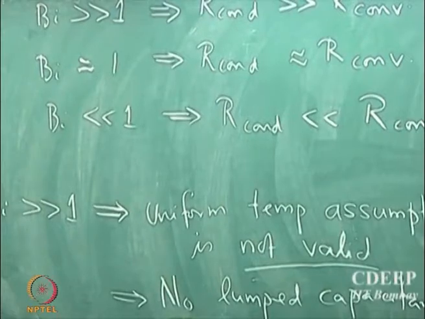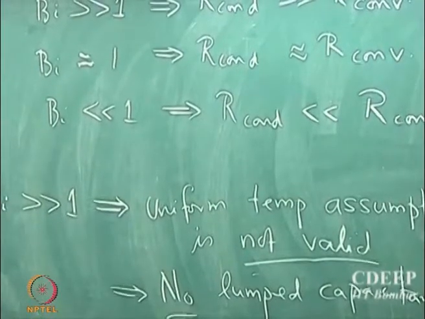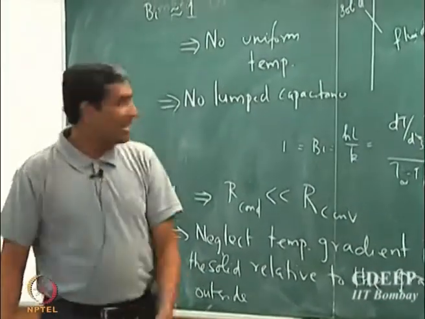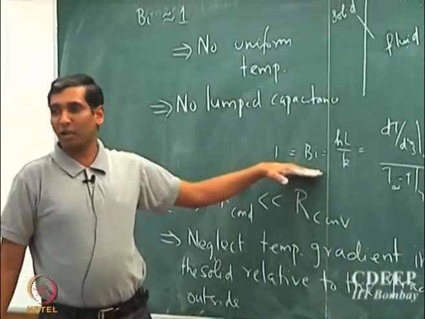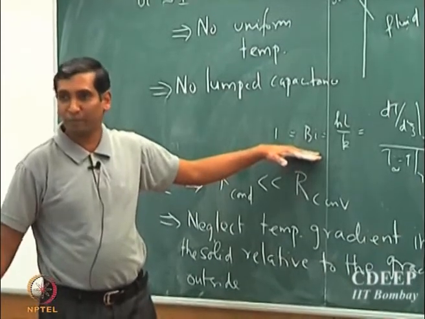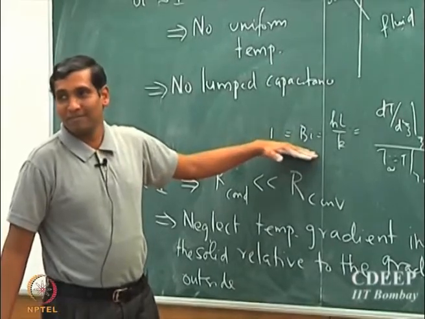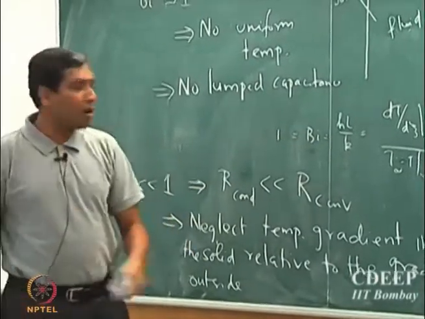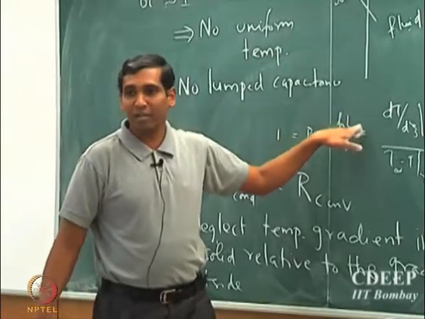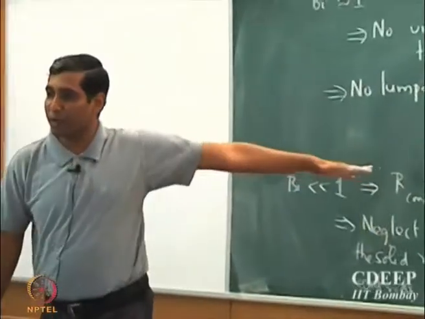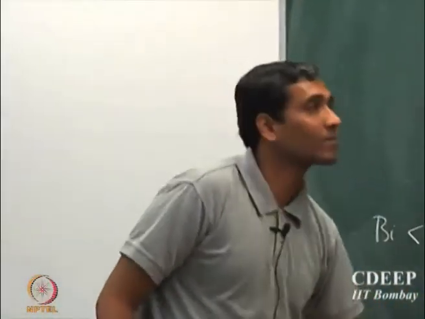So instead of looking at the heat transport coefficient, length and the effect of conductivity individually, it is enough to look at the variations of the features or properties of the temperature with respect to the Biot number, which actually captures all the effects that are included in heat transfer coefficient, length and the conductivity. So this is the elegance that you get by defining a dimensionless quantity. Any questions so far? Okay.